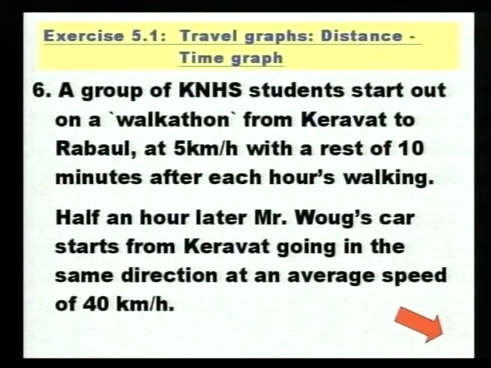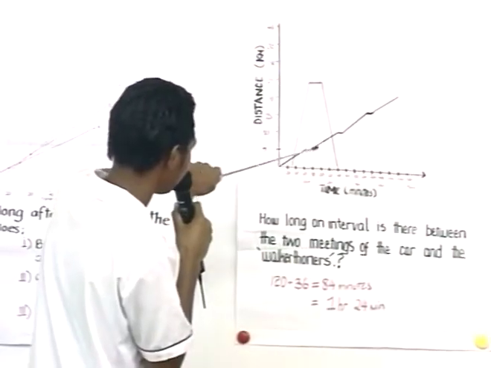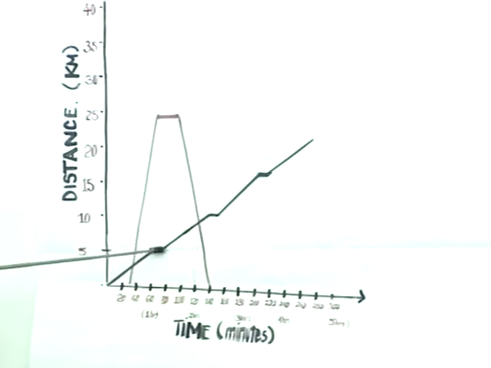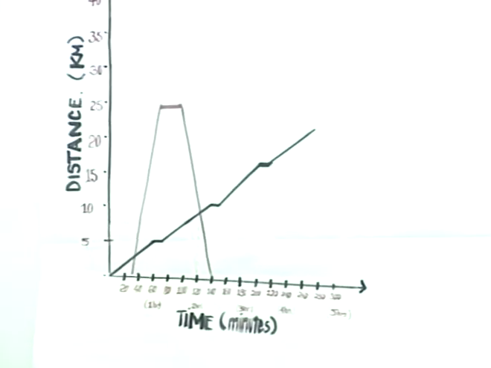The question reads, a group of KNHS students start out on a walkathon from Kerevat to Rabaul at 5 kilometers per hour with a rest of 10 minutes after each hour's walking. So the graph here shows the rate at which they travel and the resting points.